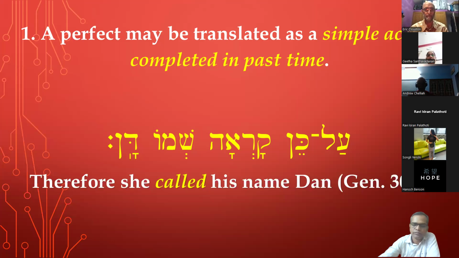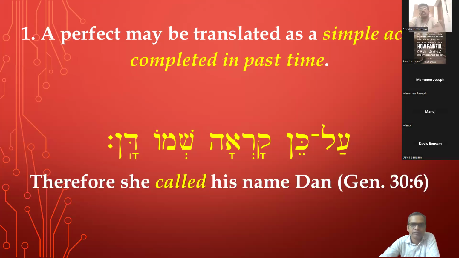It is a noun with the third masculine singular pronominal suffix. Dan is the place name. So this is a simple sentence where we see a Qal perfect third feminine singular, translated as a simple action completed in the past.